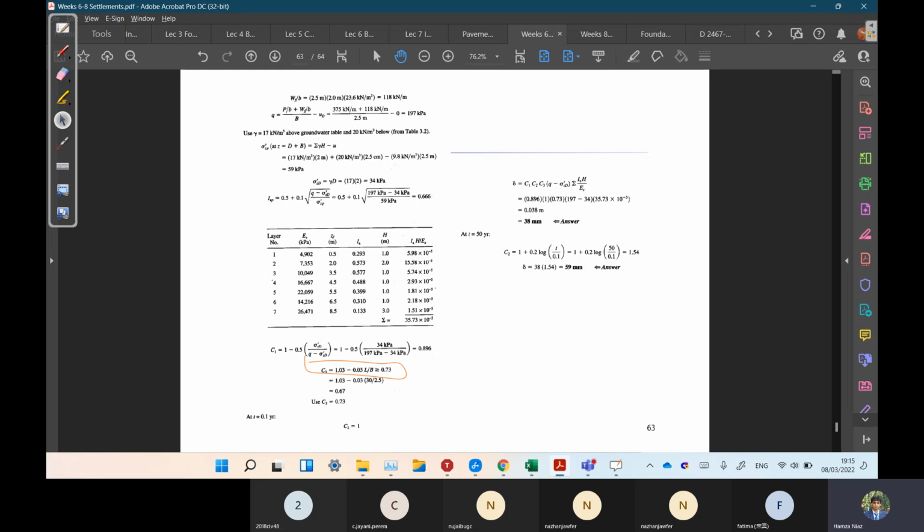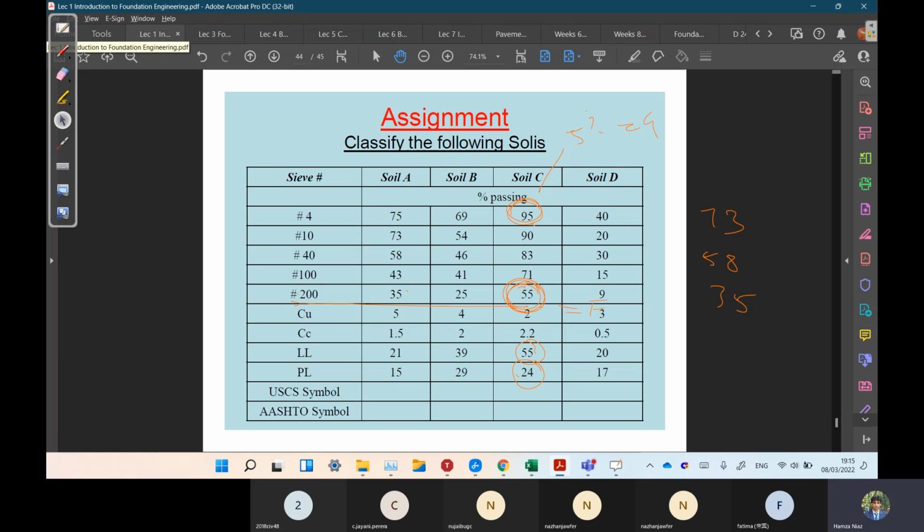I'll share some solved problems so you can be clearer. Any issue in this? So this was all. The first one was soil classification. The second one, bearing capacity equations.